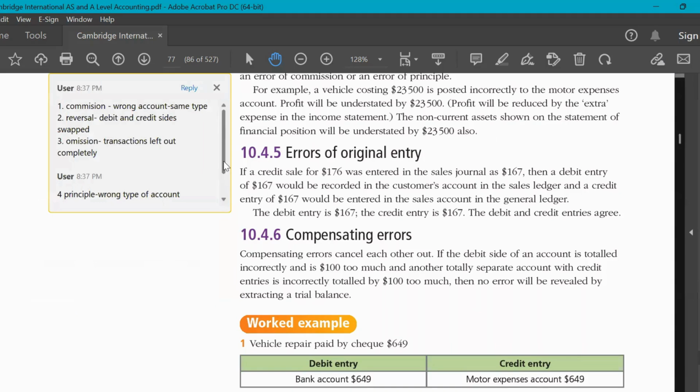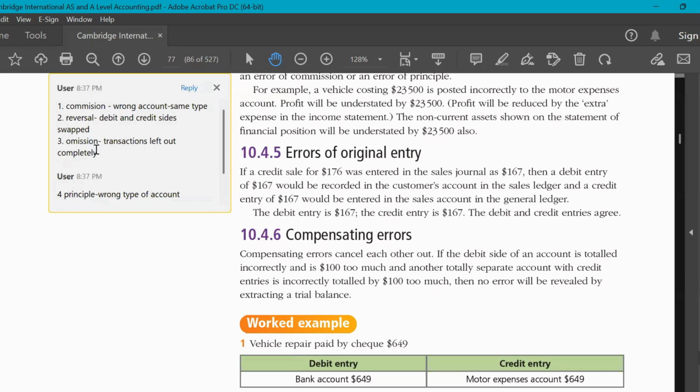But before that, let's have a revision. Error of commission, wrong account, but still the same type. Reversal, debit and credit sides are being swapped, being changed. Omission, from the word itself, omit, the transaction left out completely.